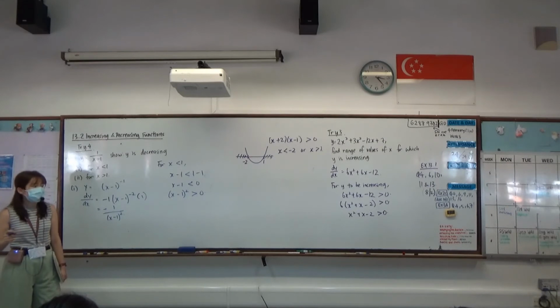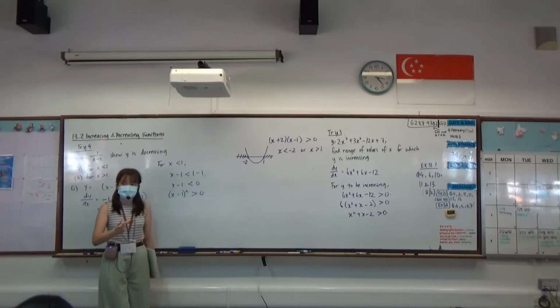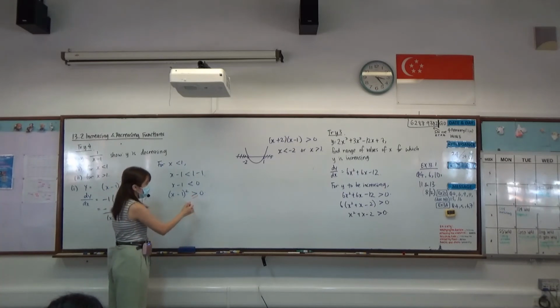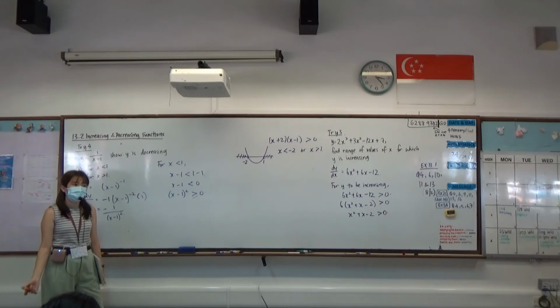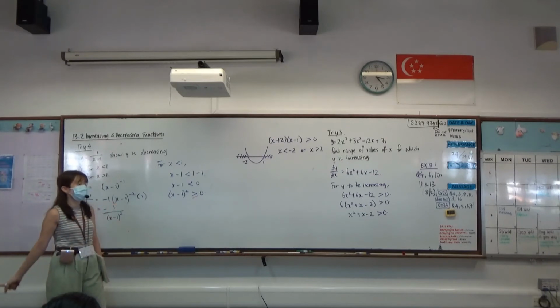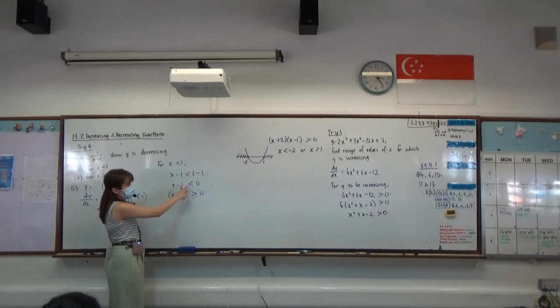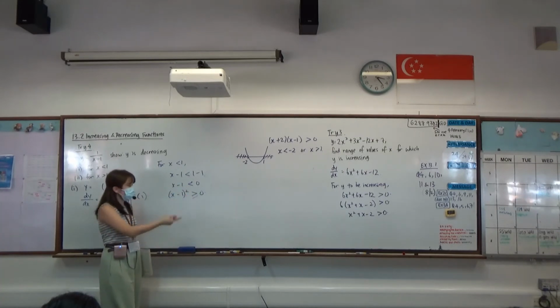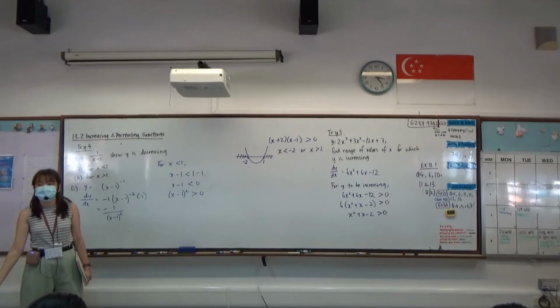I would like to ask at this juncture, why is it more than 0? Why not more than or equals to 0? Very good. Because x minus 1 is not less than or equals to 0. You're in the process of filling your brain now. So x minus 1 down here is not possible to be equals to 0. That's why in this case, it will surely be more than 0 only. Understand?